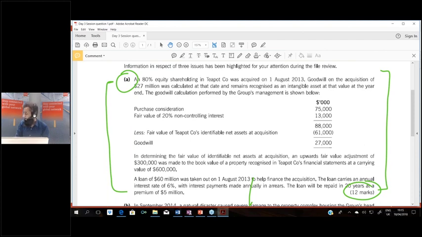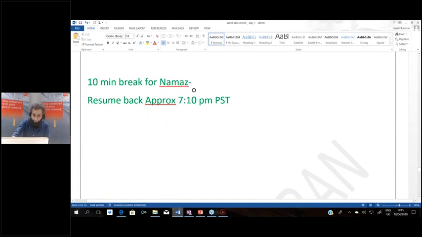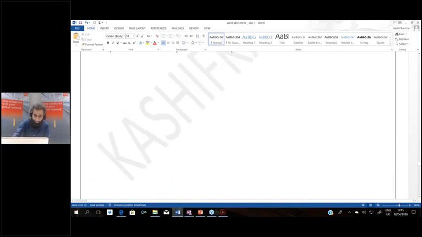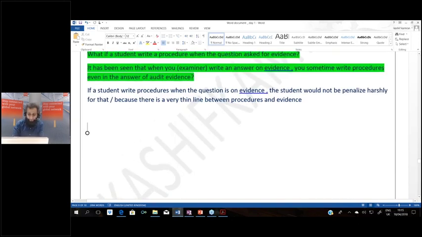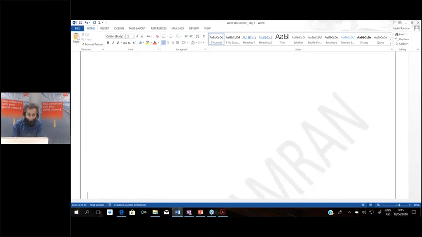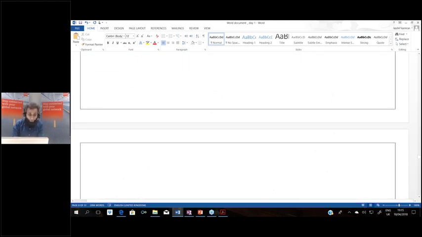Okay, now assuming most of you have read the 12 marks requirement, let's go down and see the Word file. If I go back to the Word file and I just show you a way of answering the type 1 question, we have to do the type 2 as well.